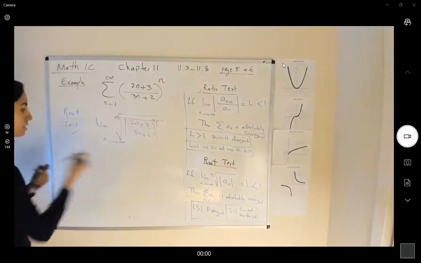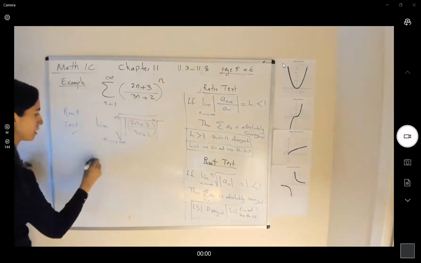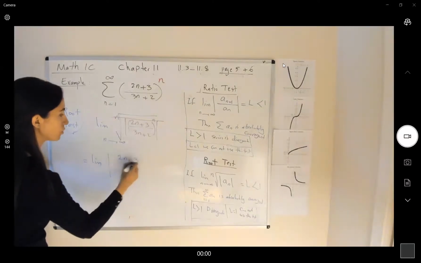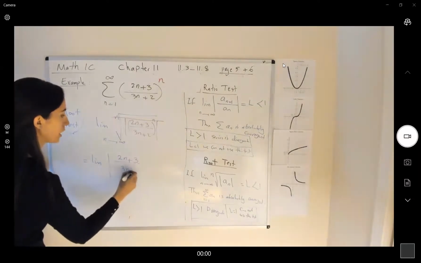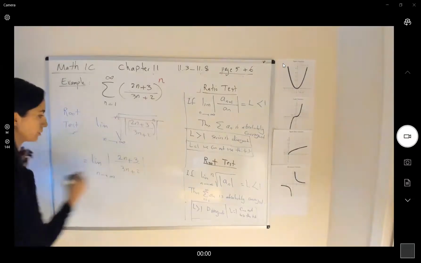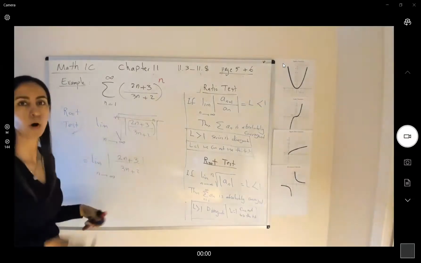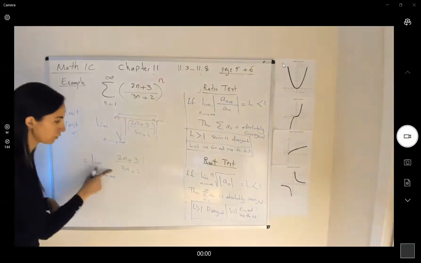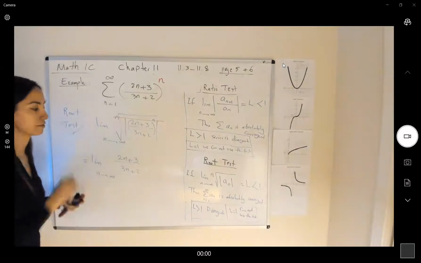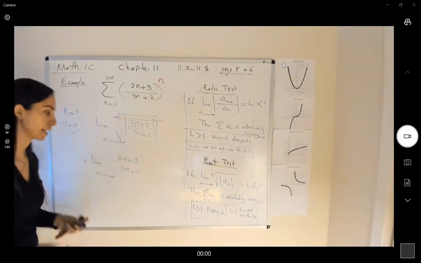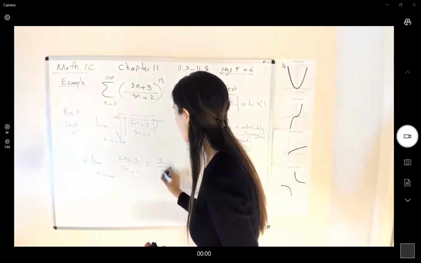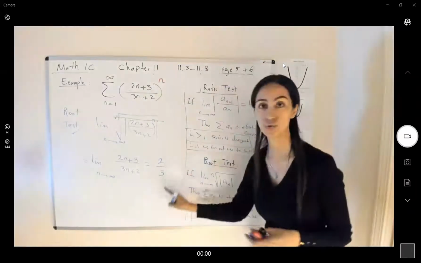I'm left with the limit of the absolute value of (2n plus 3) divided by (3n plus 2), while n goes to infinity. Of course n is positive, so I can just get rid of the absolute value sign. Because I have infinity over infinity, I can apply L'Hopital's rule. I get 2 divided by 3, 2 thirds.